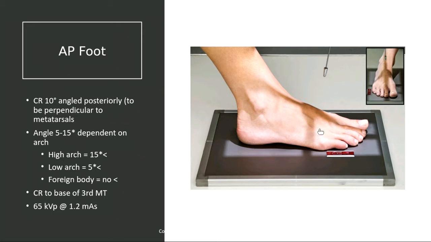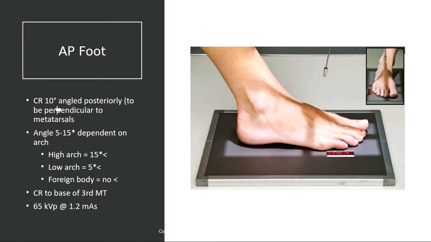Again, the foot tends to have a bow in it or an arch. So looking from the medial aspect, if they have a really high arch, then in order to get this central ray perpendicular, you're going to need to angle more. If their foot is very flat-footed and not much of an arch, then your angle is going to reduce to about 5-degree angulation. Okay, so 5 to 15, 10 is just a good middle of the road.